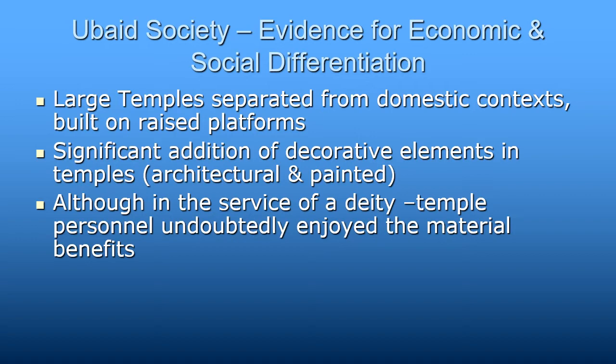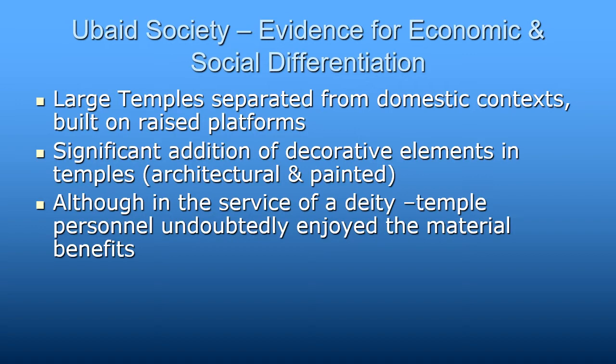Some scholars looking at the apparent absence of wealth at a lot of these sites still want to say that these deficiencies point towards an egalitarian society, but they're forgetting about the giant pile of wealth that is the temple. And really, if you do a closer examination of the evidence, there is significant evidence for economic and social differentiation. The temples, like I said, are built on platforms ranging from 1 to 10 meters in height.